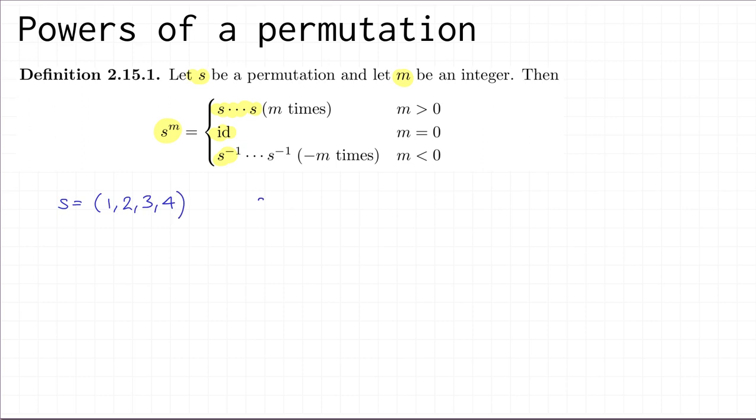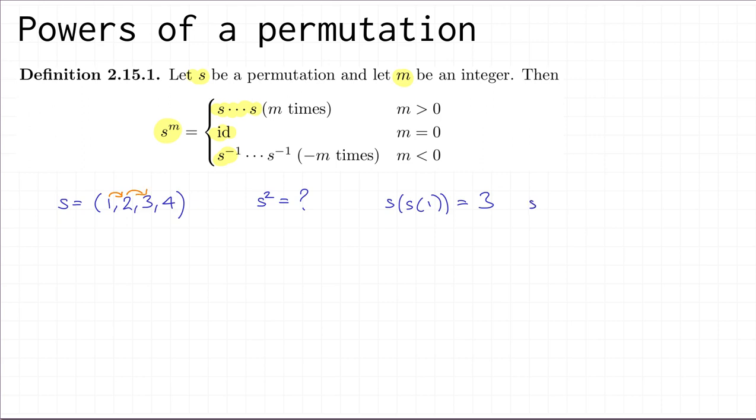So what would s squared be? s squared is, by definition, s times s, so s composed with s. So for example, s squared of 1 would be s of 2, which is 3. So if you think about what's going on here, if we do s twice, well, doing s once takes 1 to 2, so doing it twice takes 1 to 3.